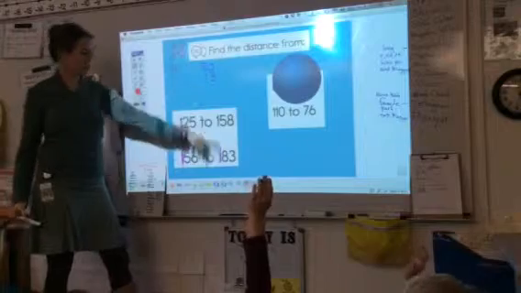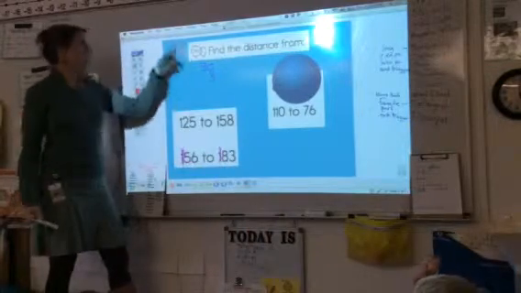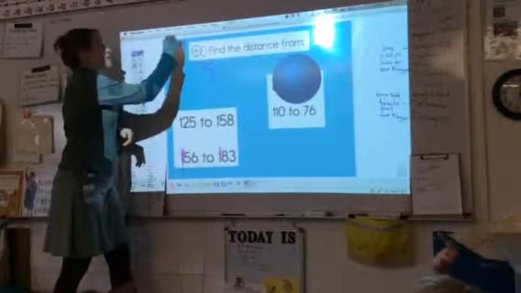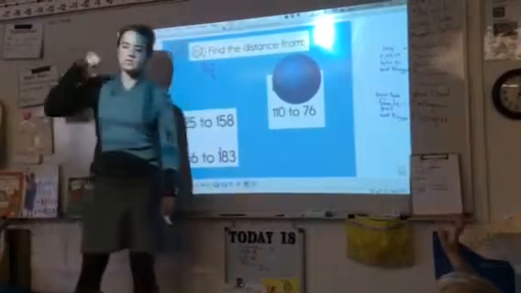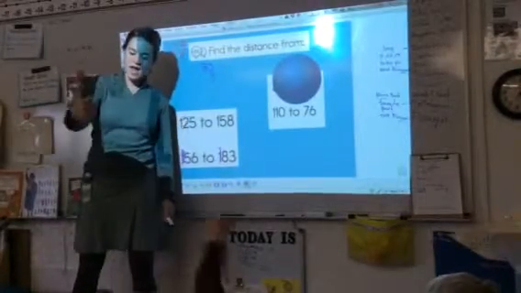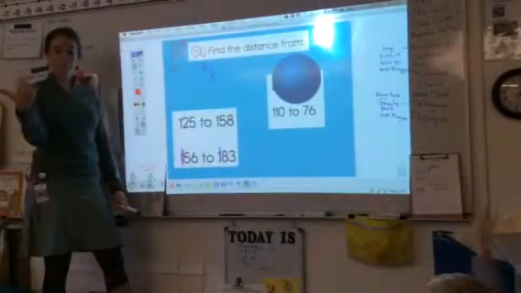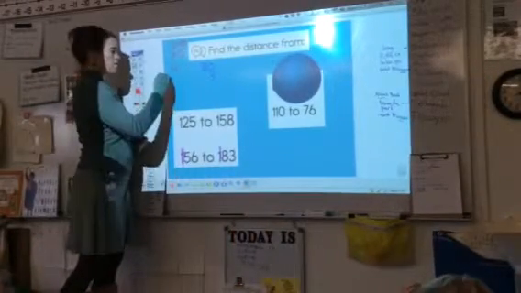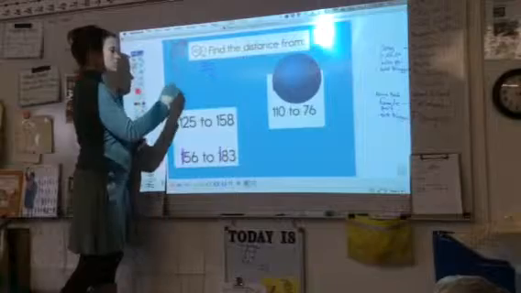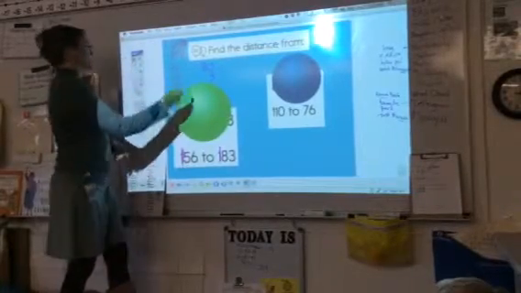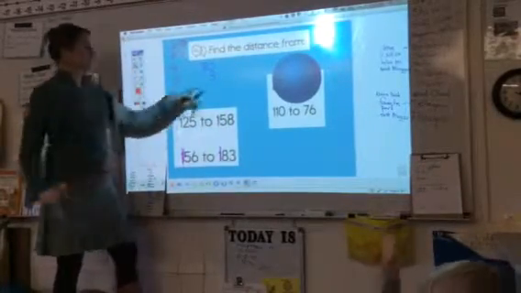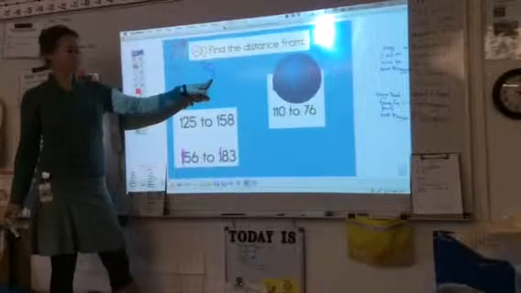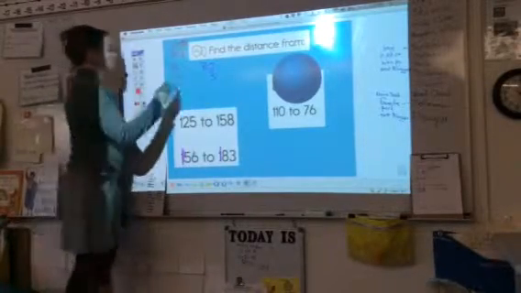What number do I have to get to? 83. And now we can count up by 10. So let's count up by 10s. We're at 60, 70, 80. So we got to 80. How many 10s did we add? Cam, how many did we add? 20. Do we want to get to 80 or a different number? A different number.